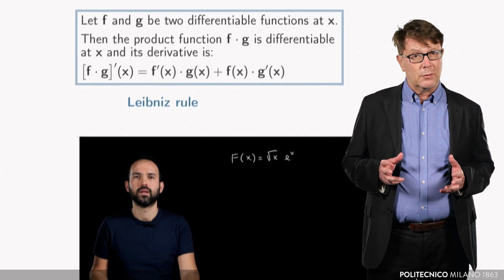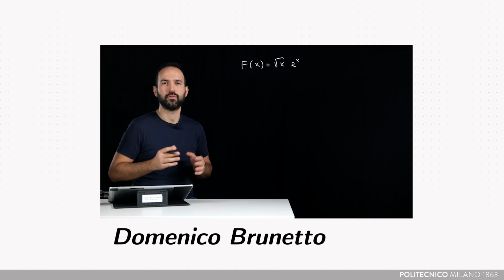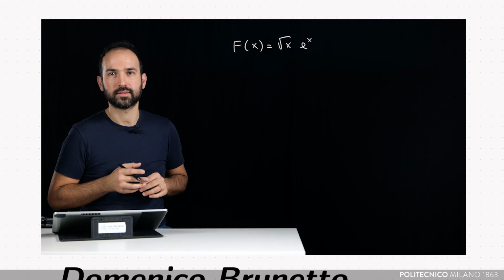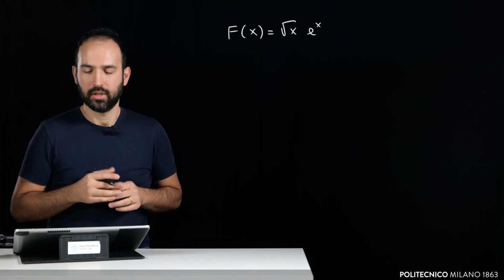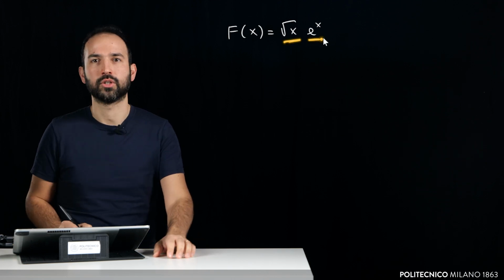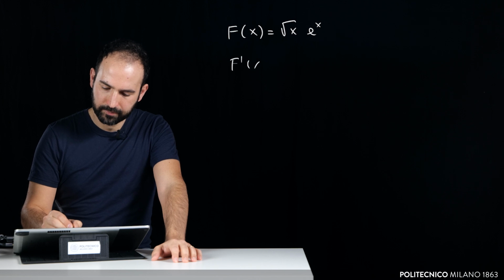Let's see an example. Let's consider the function f of x equal to square root of x times exponential of x, which is a product of two functions, square root and exponential itself. Let's compute the derivative f prime.